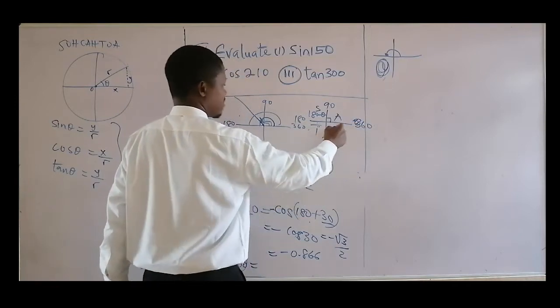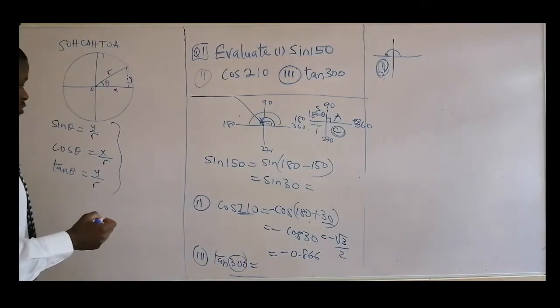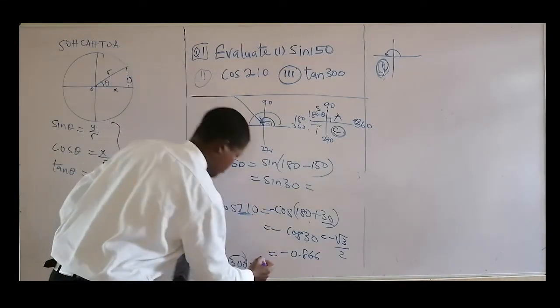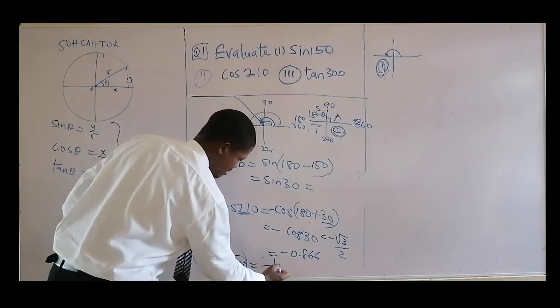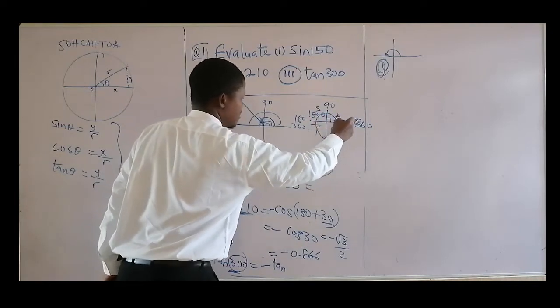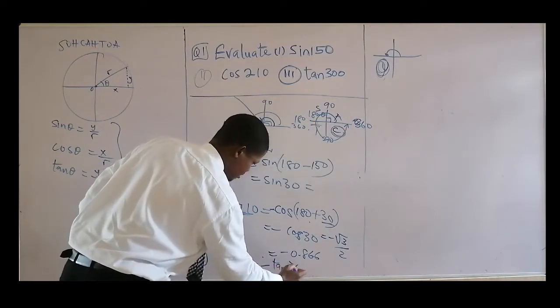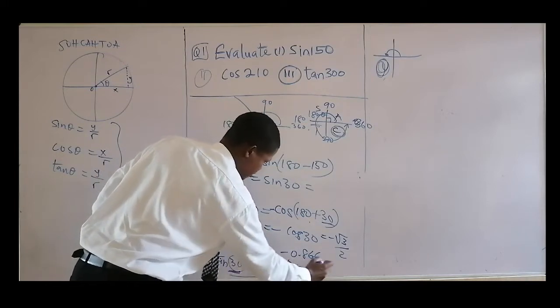So 300 is in the fourth quadrant. We can do it two ways. It doesn't fall in its own region, so that is minus. The total angle here is 360, from here to here is 360. 360 minus 300.